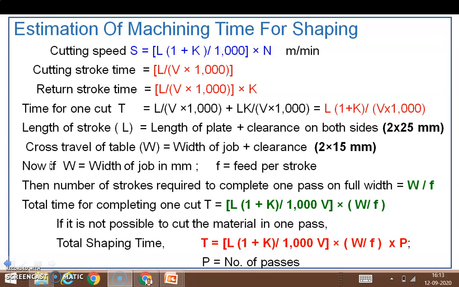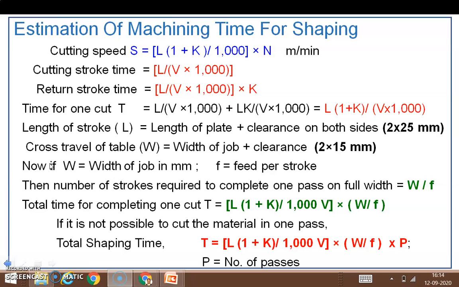Whereas in the cross travel of the table, W is equal to the width of the job plus clearance. For the clearance on both sides, 15 mm can be left, or added extra, so that a complete cut is possible. So cross travel of table W equals the width of job plus clearance, which is nothing but 2 into 15 mm. Now W is the width of job in mm, and F is feed per stroke.